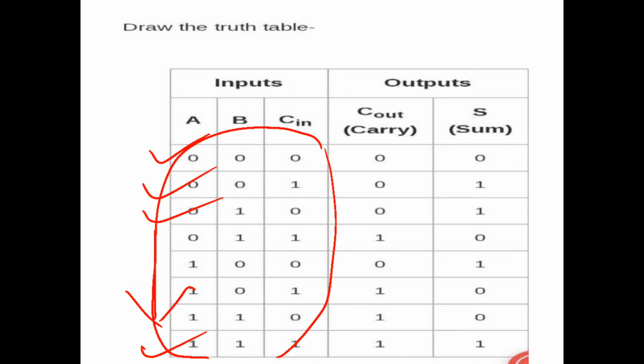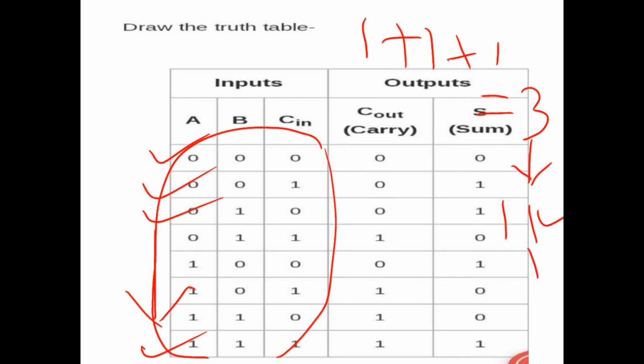Let us calculate here also: 1 plus 1 plus 1. In decimal, obviously 1 plus 1 plus 1 is 3, but we are talking about binary addition, so 3 in decimal can be written as 1 1 in binary.